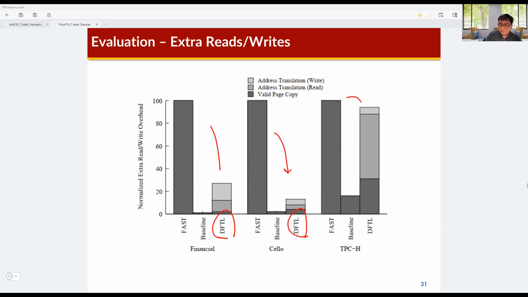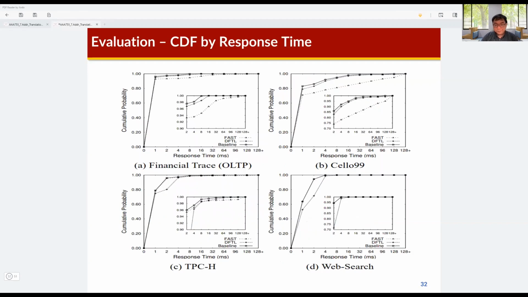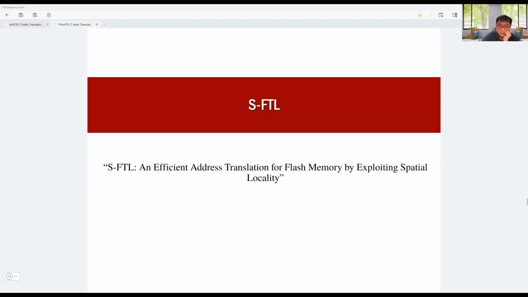But if we just see the TPCH, then the reduced number is small compared to these workloads. And then also the authors compare the response time by FAST, DFTL and baseline. So page 11 here.